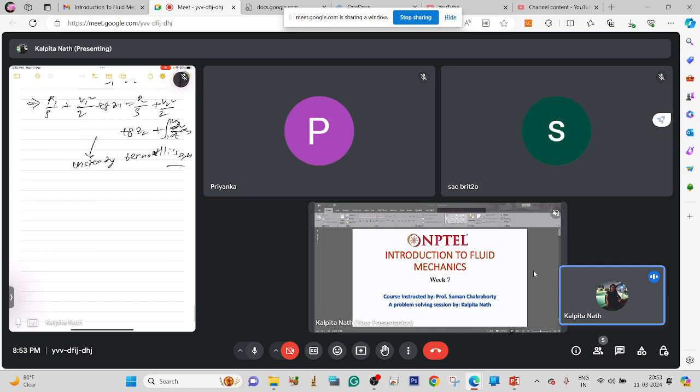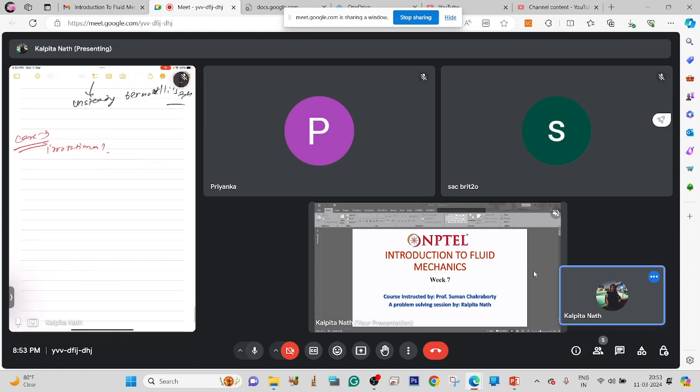Now example 3, this is case 3. For case 3 we have irrotational flow. That means the points 1 and 2 are taken such that they need not be along the same streamline. So we can write v vector as del of phi.